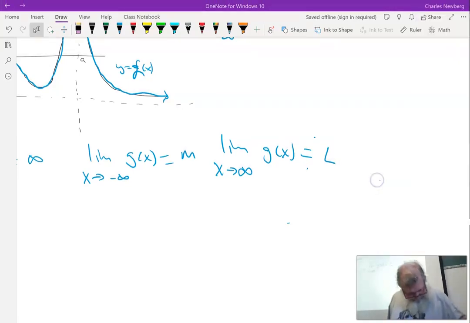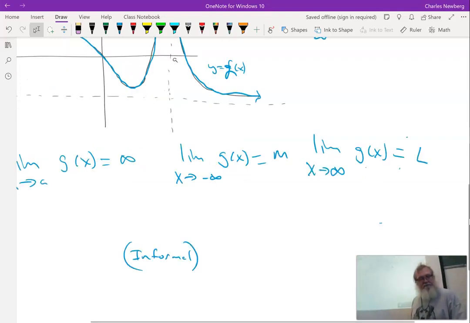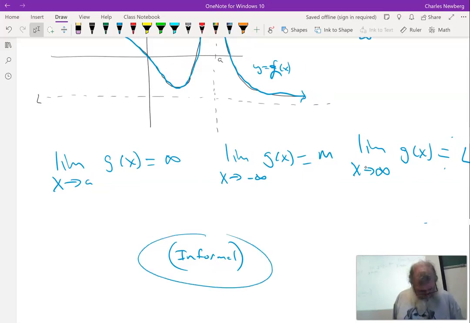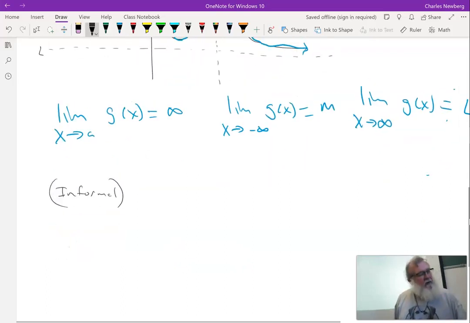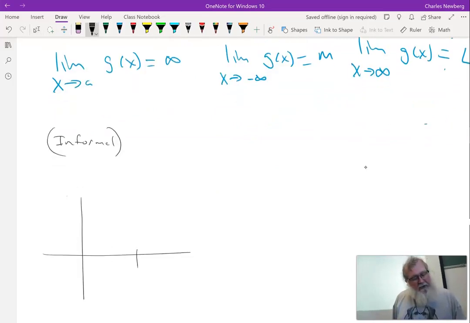And these are really informal definitions. And the first one we're going to define is for when we're coming into a and our function's going to infinity and beyond.